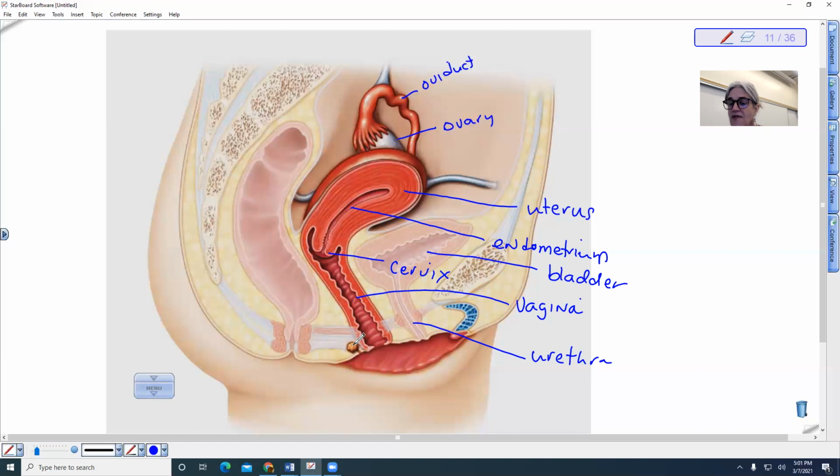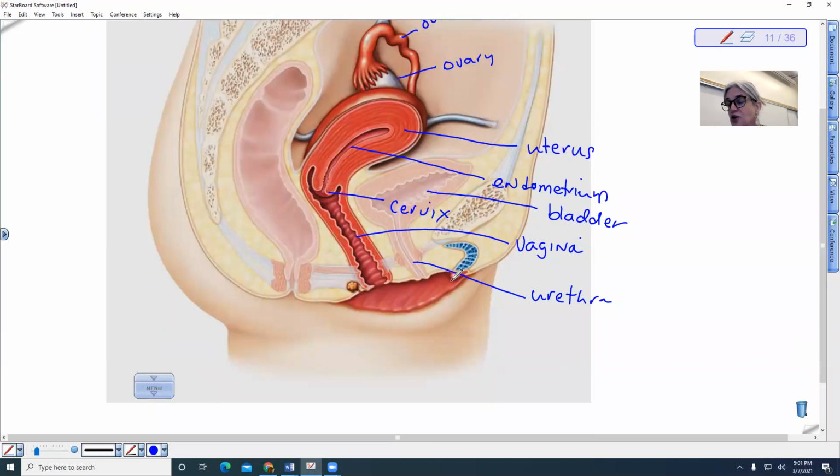And here we have a structure that is very similar to the male's bulbourethral gland. And so this structure is called the vestibular gland, and it produces lubrication. It actually lubricates the vestibule, which is what is enclosed by the labia. So we have the vestibular gland.